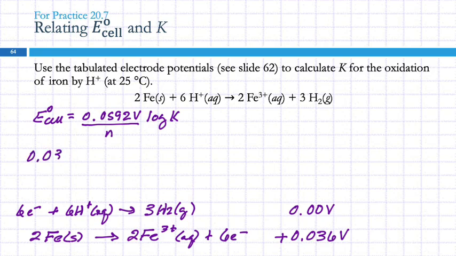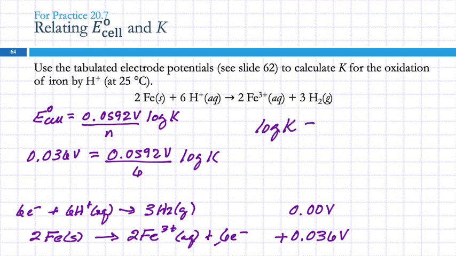So 0.036 volts is equal to 0.0592 volts over 6 times the log of K. So the log of K is 0.036 divided by 0.0592 times 6. 3.6486. Then how do I solve for K?